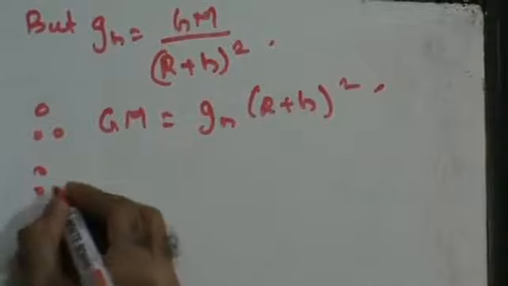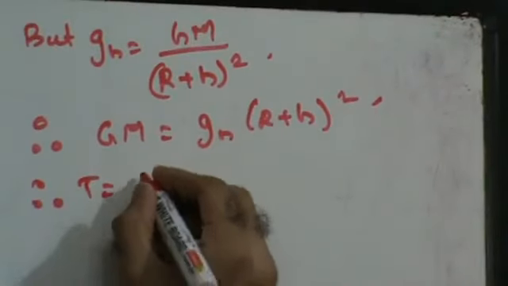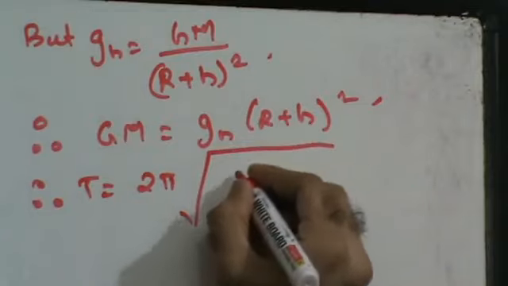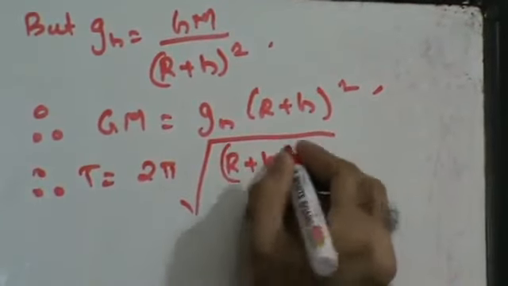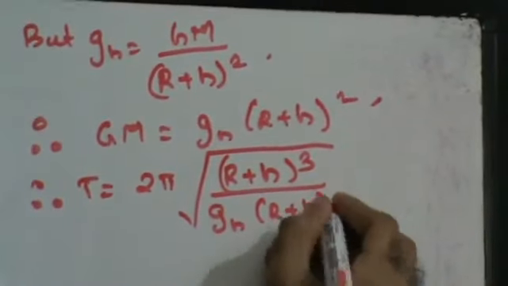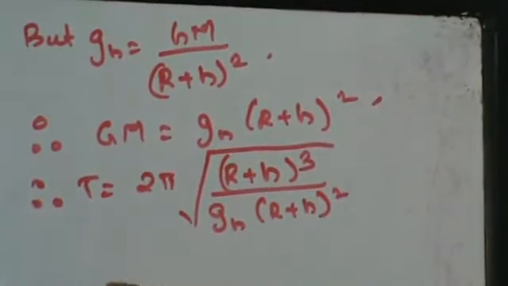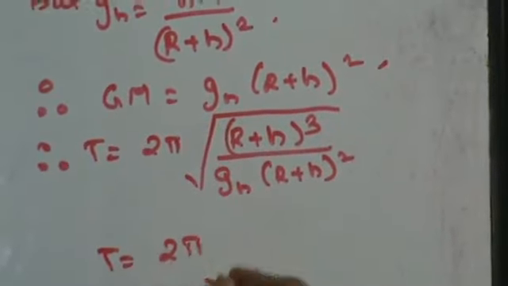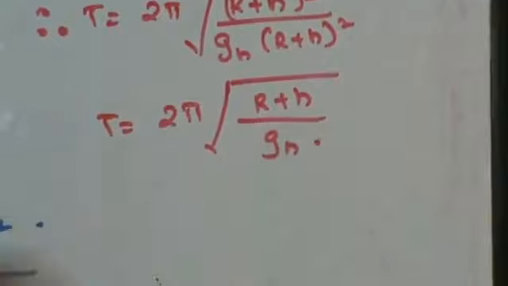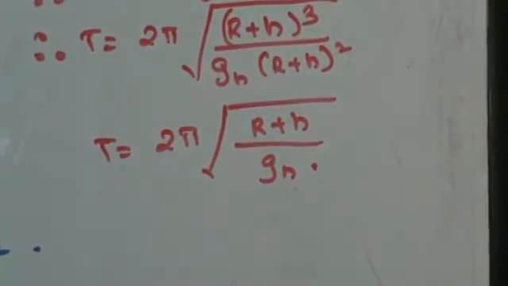In that case T is equal to 2 pi root of (r plus h) the whole cube upon g_h into (r plus h) the whole square. So T will be 2 pi root of (r plus h) upon g_h. That is another formula for time period. Fine, do we get this clearly?